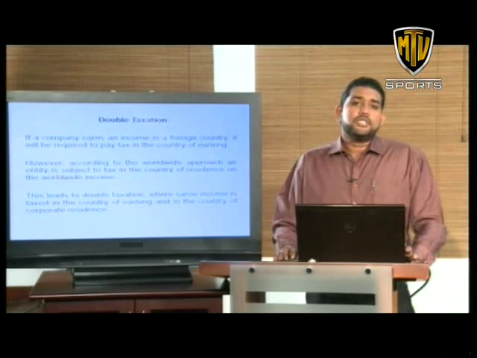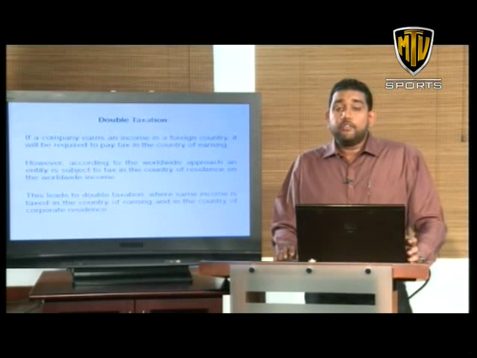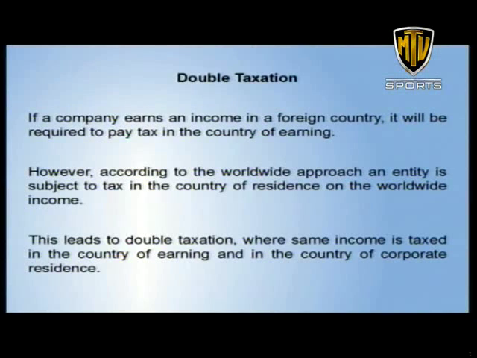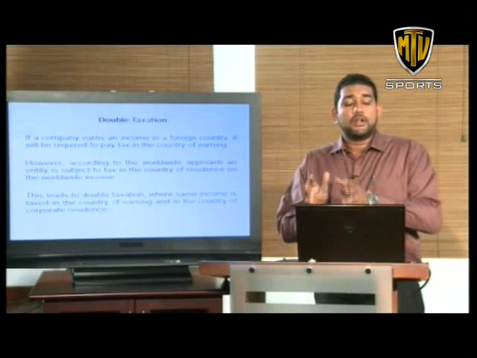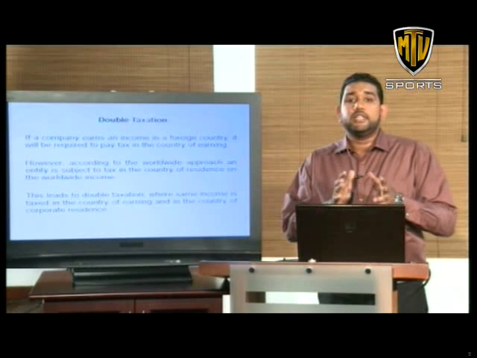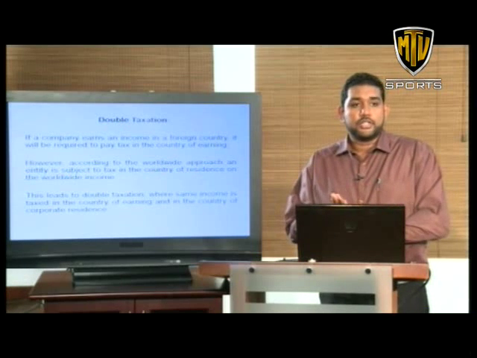So how is this going to be a problem? If a company earns income in a foreign country, it will be required to pay tax in the country of earning. Say, for example, a Sri Lankan company has a branch office in India. The Indian tax authority will ask the branch to pay taxes on the income earned through the branch itself.